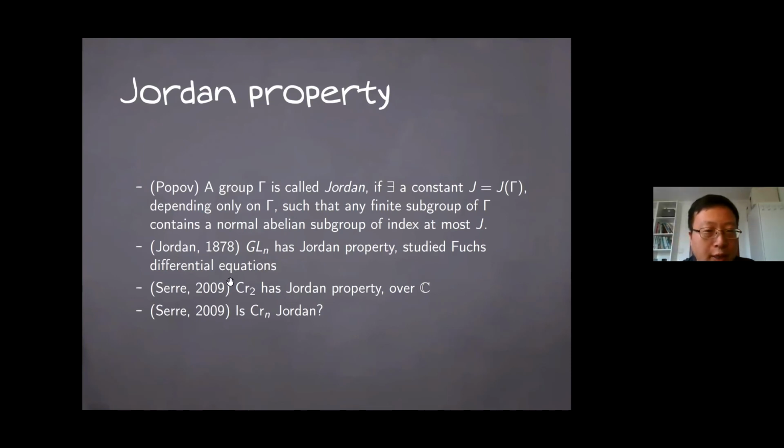And in 2009, Serre studied this problem, and by the algebraic geometry of surfaces he could prove that the Cremona group of rank 2 also has the Jordan property. And he proposed in this paper a question: is any Cremona group of rank n Jordan?